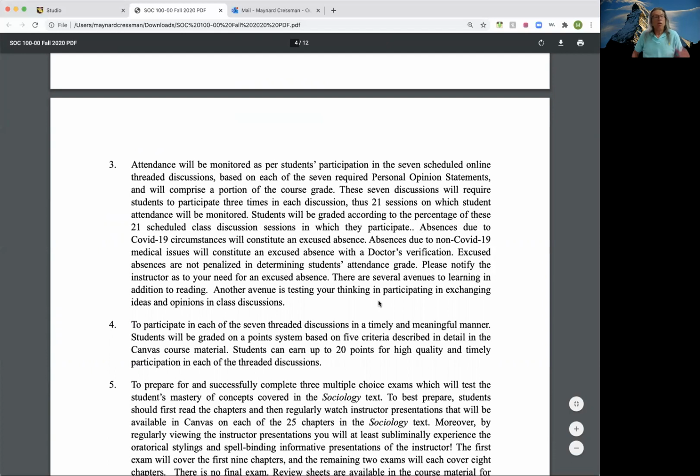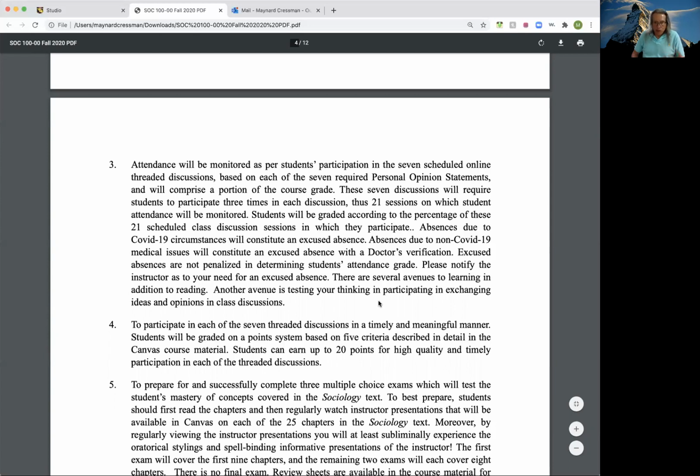So each week after we submit this personal opinion statement, on September the 6th, your first personal opinion statement is due on immigration, and then starting on the following Monday, the 7th, is your first opportunity to post into the discussion board what you think about immigration. Got the idea? Okay, so each week there's going to be 3 posts required of you.